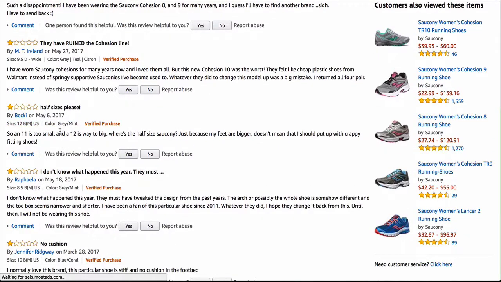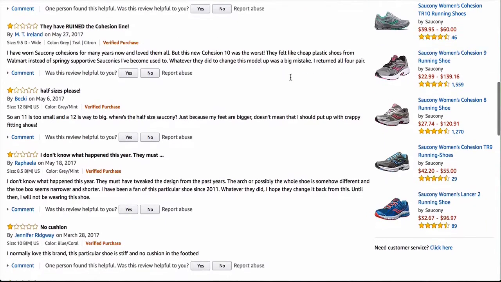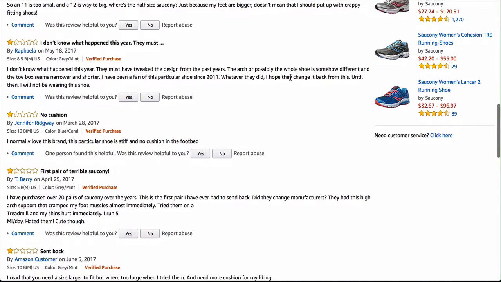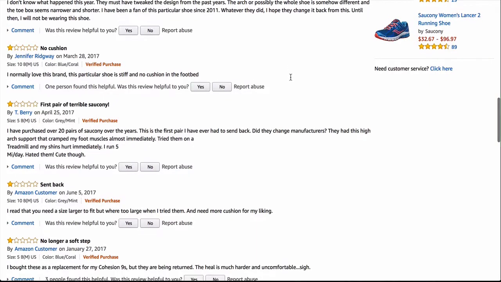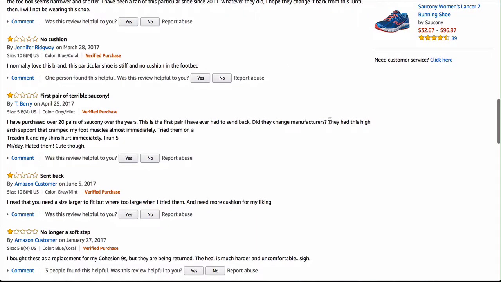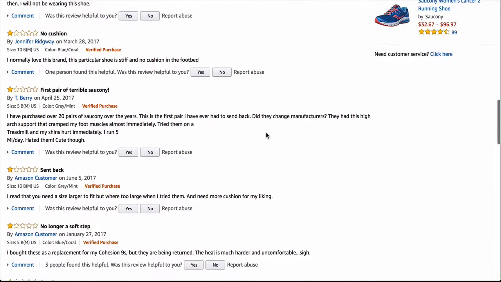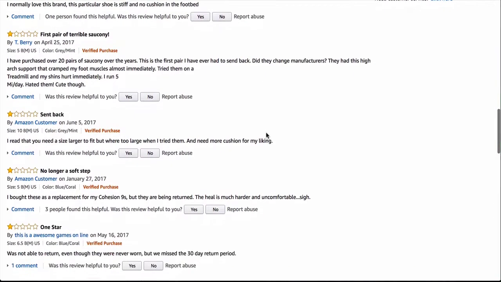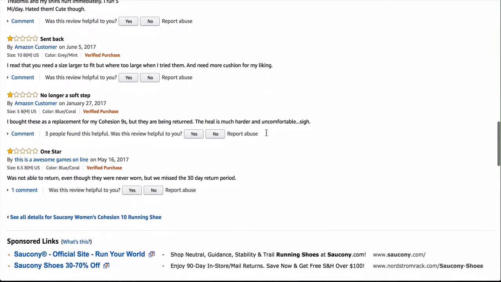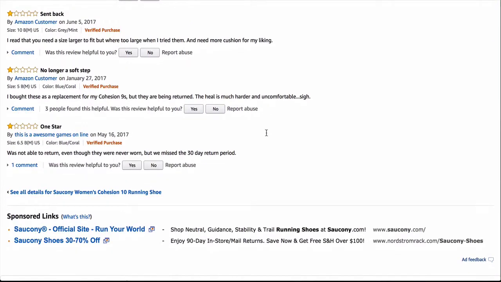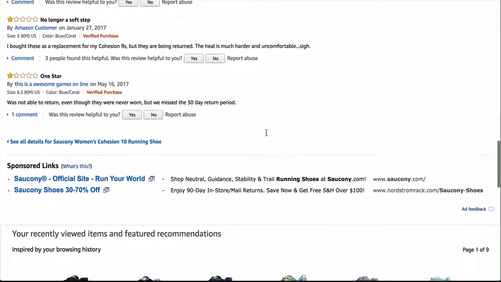Half sizes, please. I don't know this brand. They had this high arch support that cramped my foot muscles. We missed the 30-day return period.